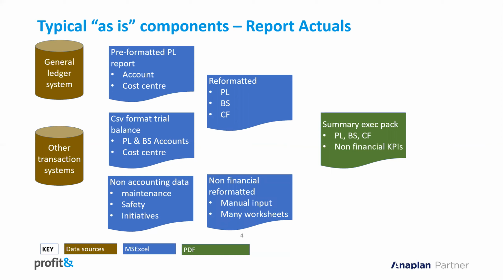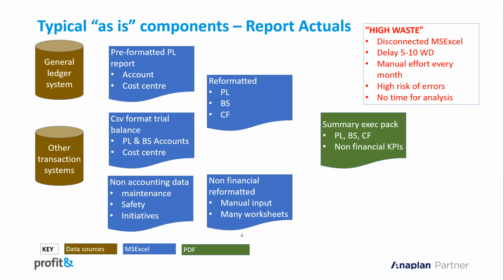Often there's a lot of manual input into, again, spreadsheets on people's desktops. And it all gets circulated by email into some poor finance team who's got to try and put all this stuff together. And it all takes far too long, typically 5 to 10 days, sometimes more. And it has an enormous amount of manual effort.